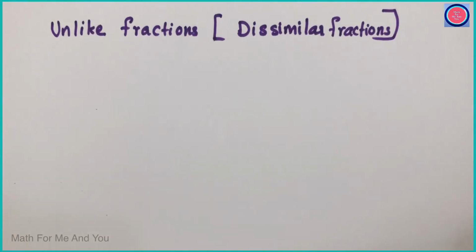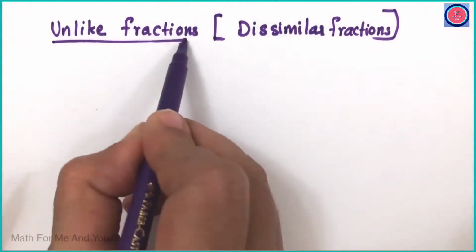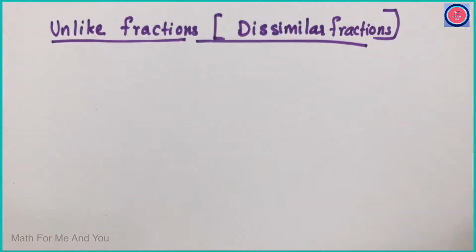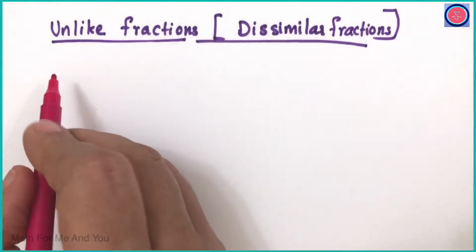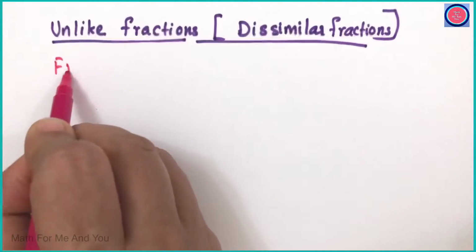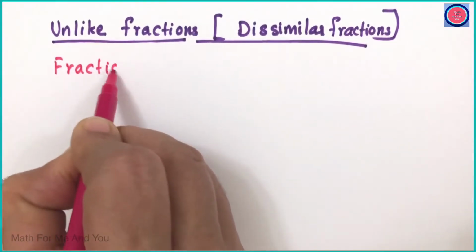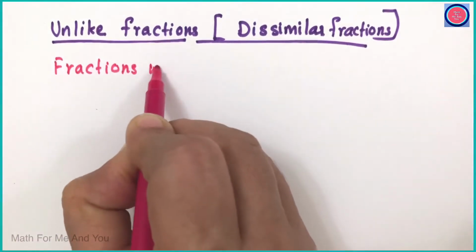Next is unlike fractions. What are unlike fractions? If they don't have same denominators, we call them unlike fractions. That is the easiest way to understand. Fractions with different denominators are known as unlike or dissimilar fractions.